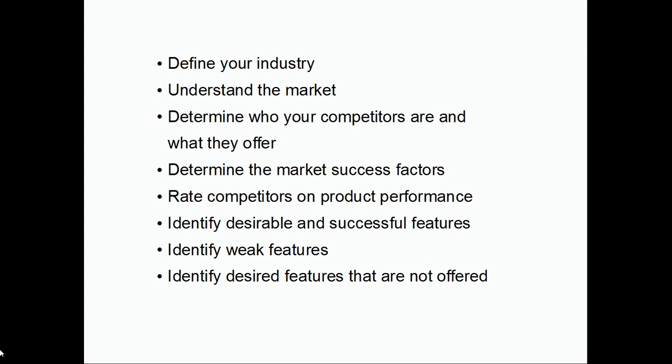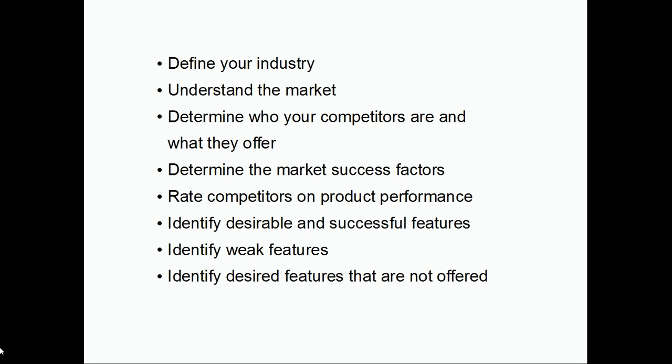Through first-hand use and reading about the experience of other users, you can identify desirable and successful features, and also identify the weak features in those products. It's through looking at what's working and what's not, and comparing that to your requirements document and your project goals that you can identify where you can make a difference in the market.